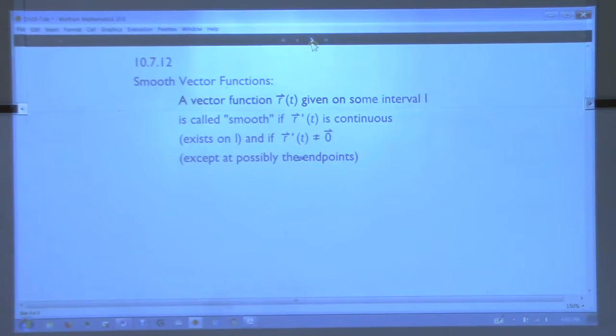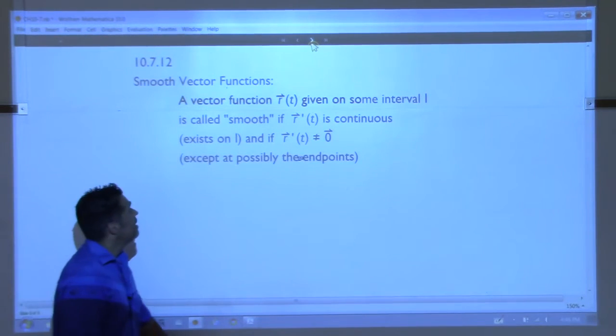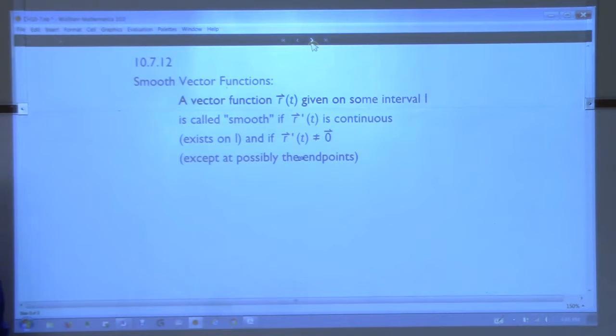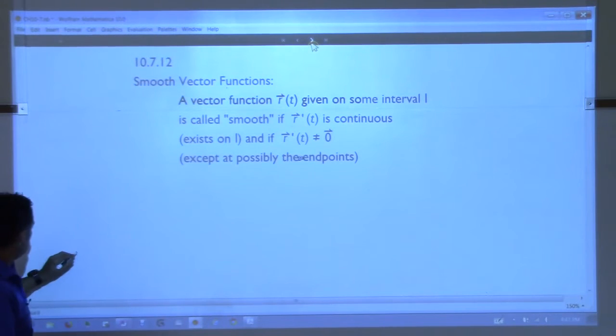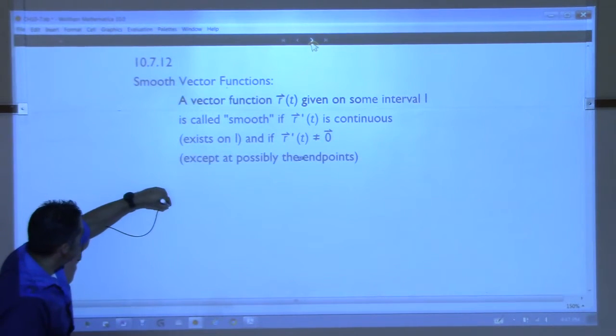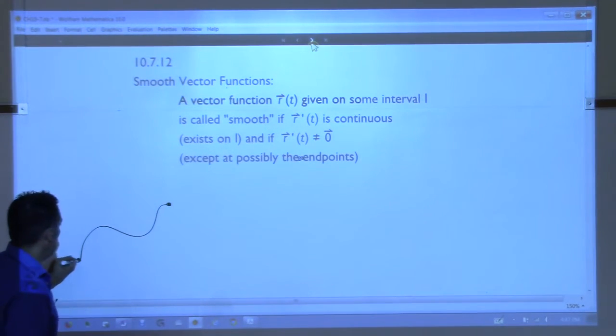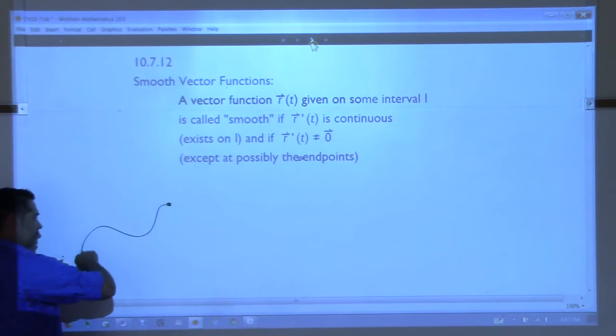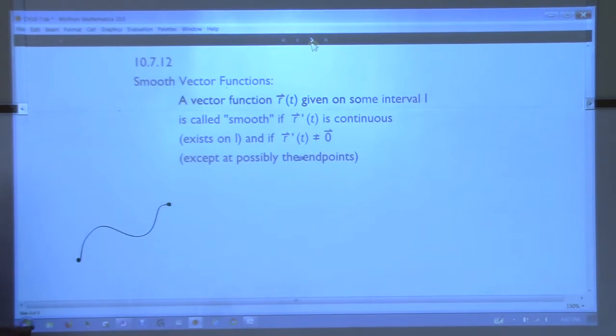But we have something additional in here that we didn't have in calculus 1, and that is this idea of smooth. So a vector function r of t given on some interval I, so if we have some curve in 3-dimensional or 2-dimensional space, and we have it defined on some interval, so we start it and stop it, then we will say that it is smooth on this interval if, first of all, the derivative is continuous.